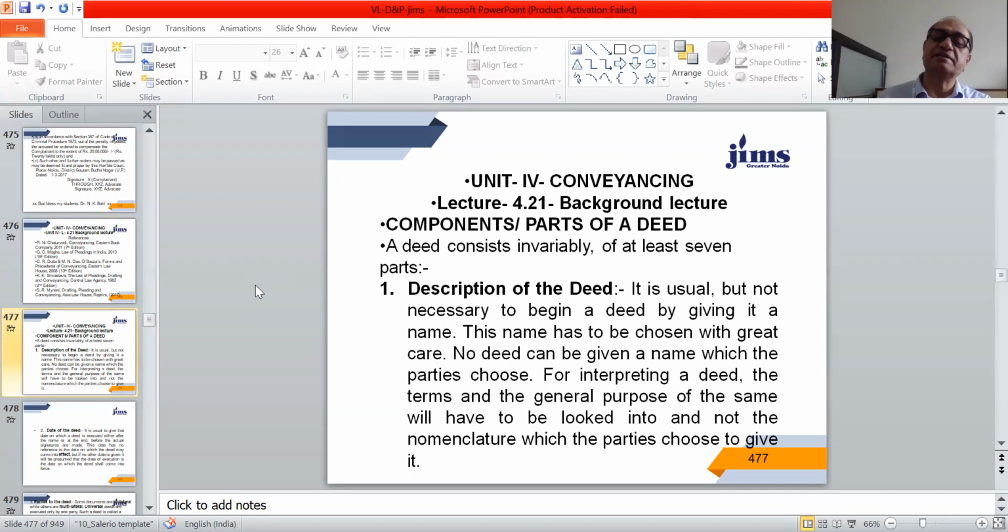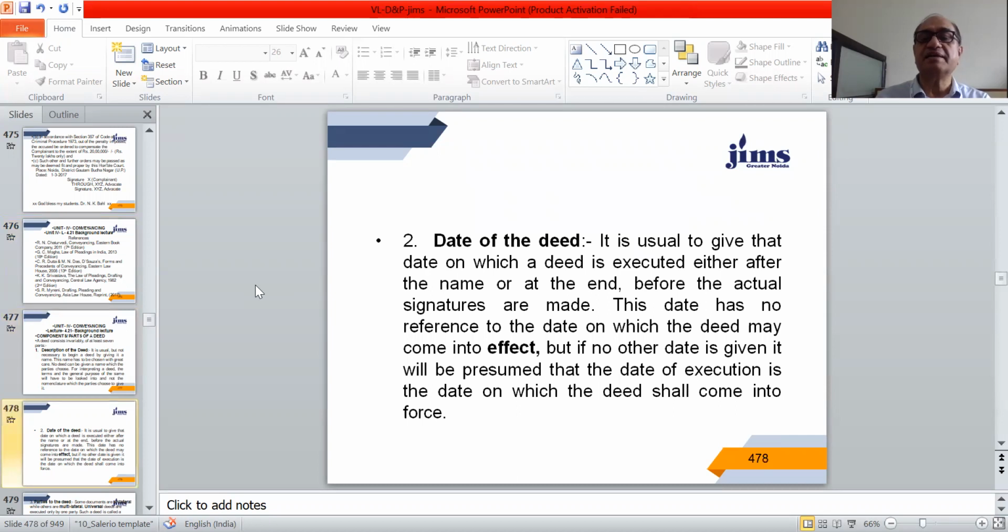So first ingredient, first component, first part of the deed is description and its name. Second is date of the deed. You know, date is very important. It is usual to give that date on which a deed is executed, either after the name or at the end, before the actual signatures are made.